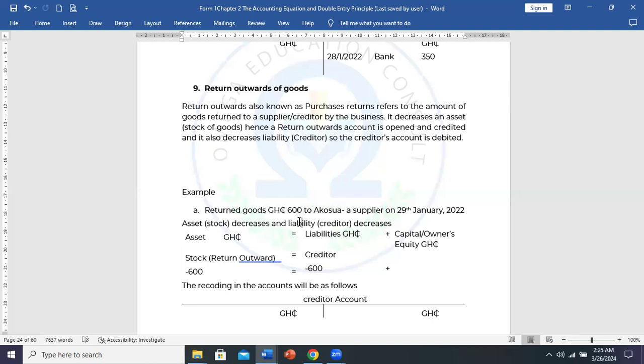So please, I think the return inwards is when the business gives its goods to the customer. Okay, when the business gives the goods to who? The customers, the buyers.